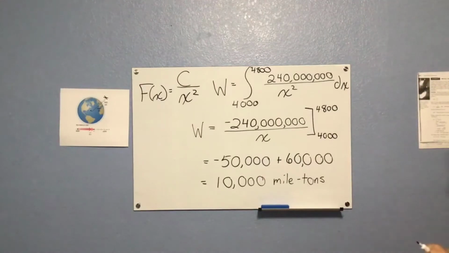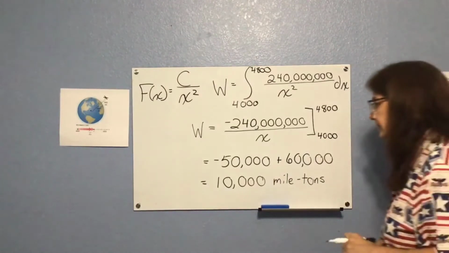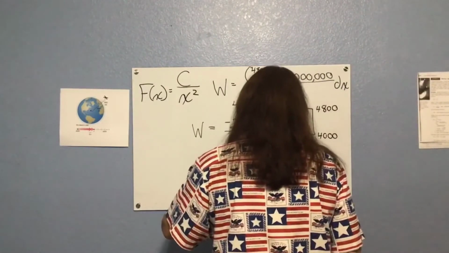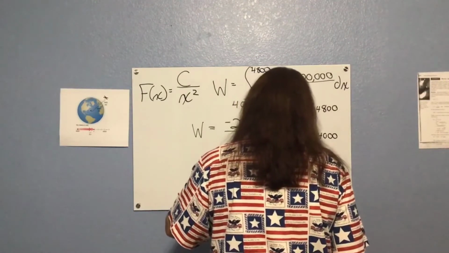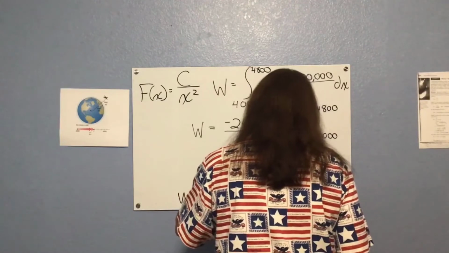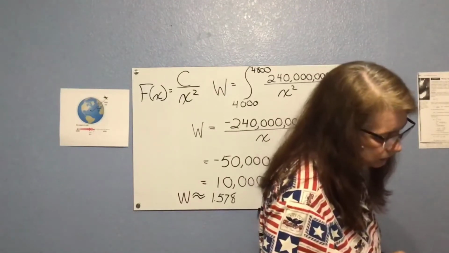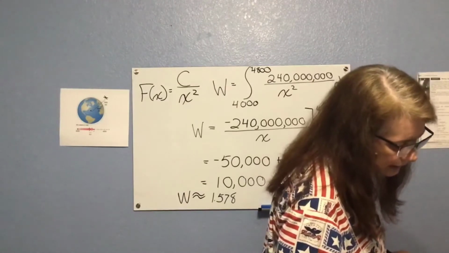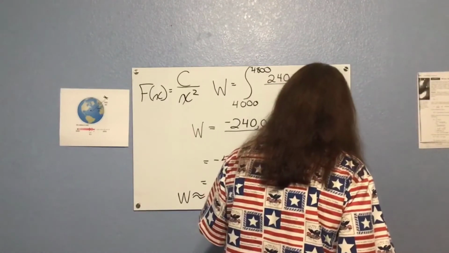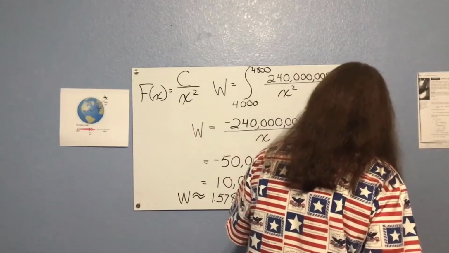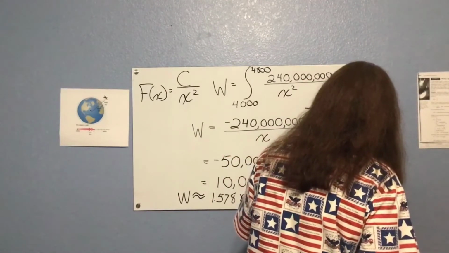Okay, if we use the fact that a mile contains 5,280 feet, and that a metric ton is 2,205 pounds, we can convert this, and W is approximately equal to 1.578 times 10 to the 11th power joules.